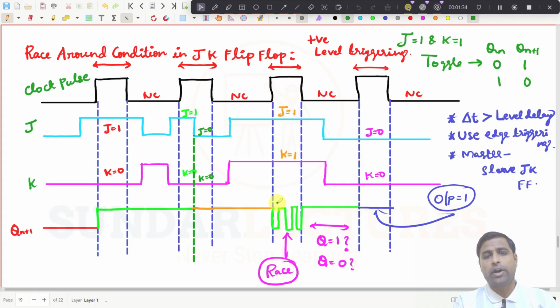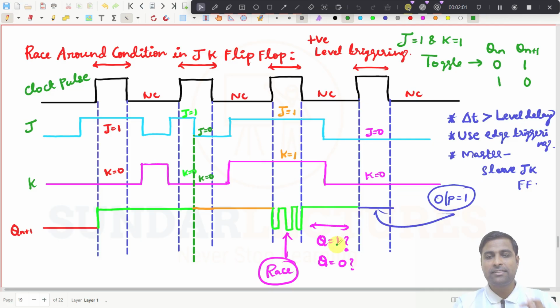So at that point, what happens here? The output will be toggling. It goes to 0, comes to 1, goes to 0, comes to 1, and then after this clock pulse there is a no change condition. Since there is no level trigger here, it is a no change condition, and in this period what should be the value of Q, whether it is 1 or 0, that is an uncertain value.